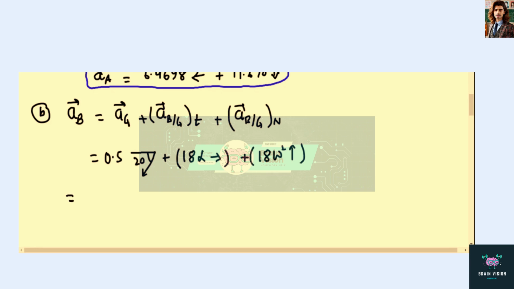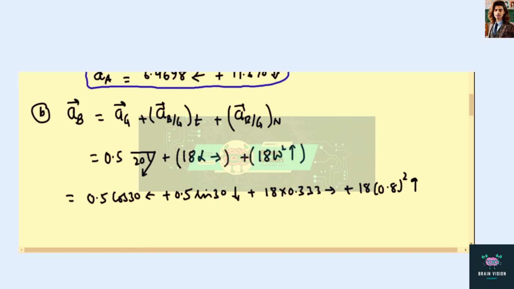This could be written as 0.5 cos 30 towards left, and 0.5 sin 30 downward, resolving it, plus 18 into 0.3333 towards right, sorry, and 18 into omega, where omega is 0.8.